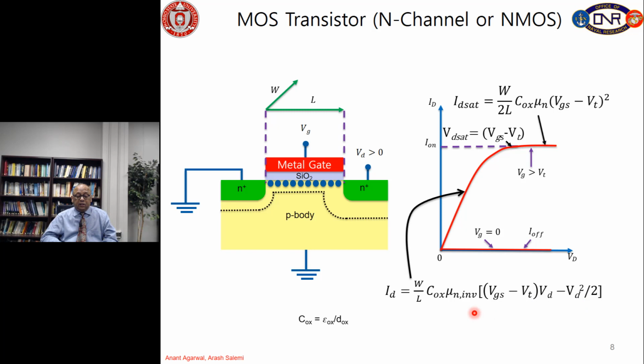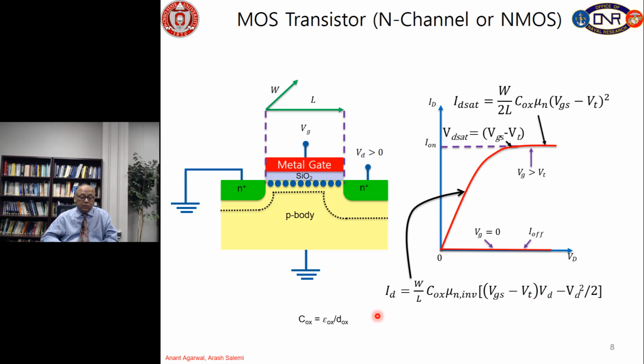So, you can see that in the linear region, the current is proportional to the width of the MOSFET, inversely proportional to the length of the MOSFET, and proportional to the oxide capacitance, proportional to the inversion layer mobility, and proportional to the drain voltage.